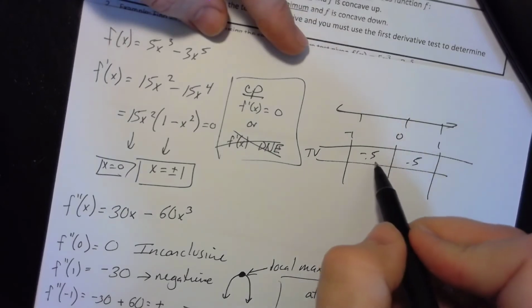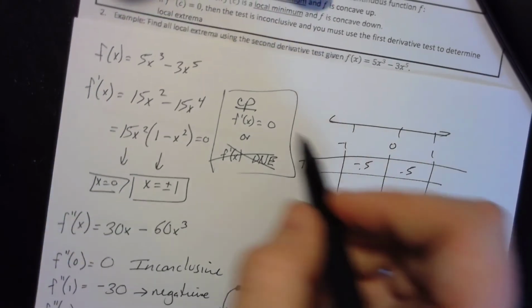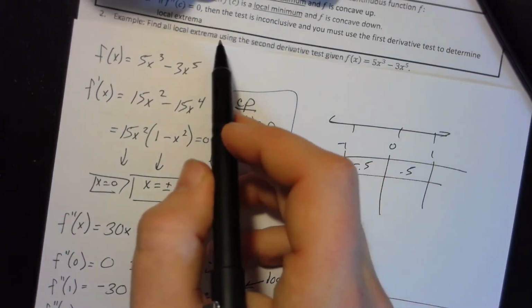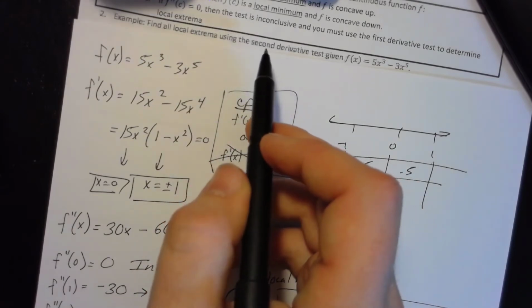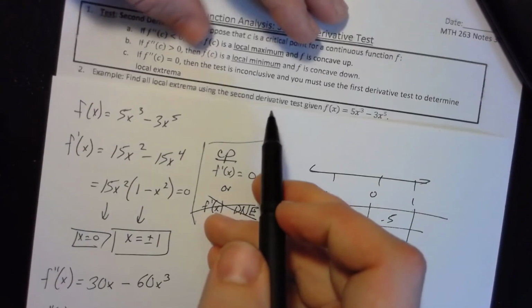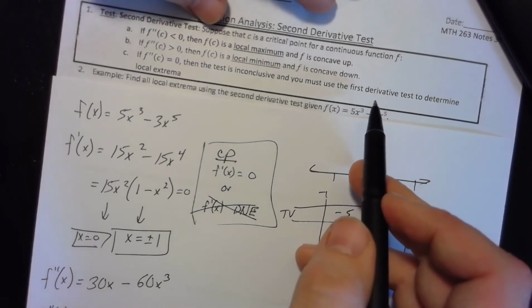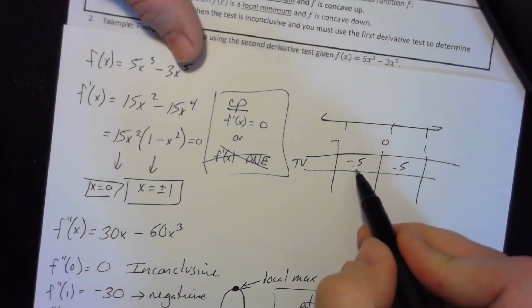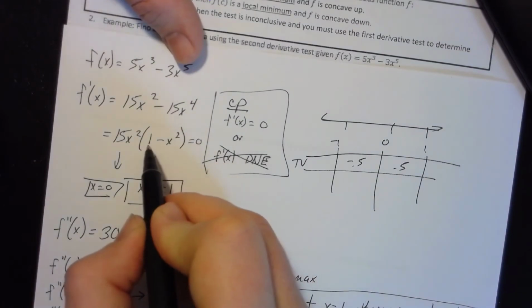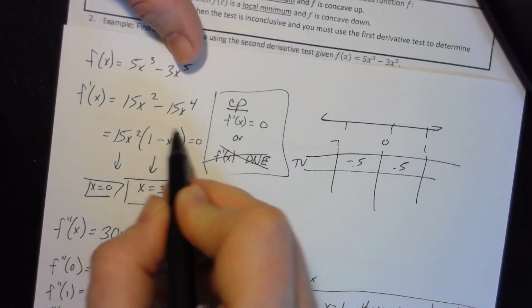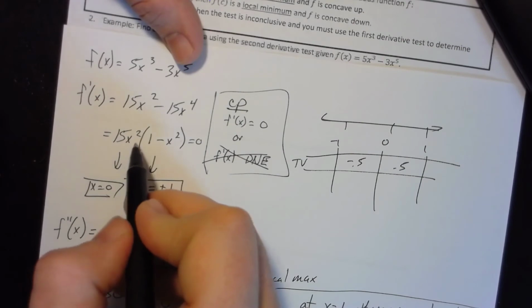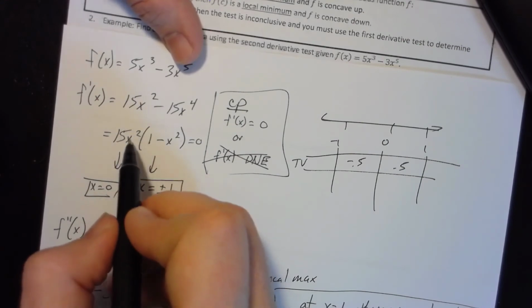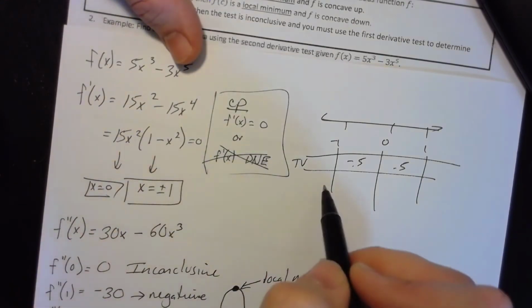Now, keep in mind, this problem didn't ask me to find it using the first derivative test. It said to use the second derivative test, and part of the second derivative test is to use the first if the second was inconclusive. When I plug negative 0.5 into here, I'm going to get a 1 minus a number, so that's going to be a positive value. And out here, this is going to be a positive value. So this is positive and this is positive, no matter what values I pick.